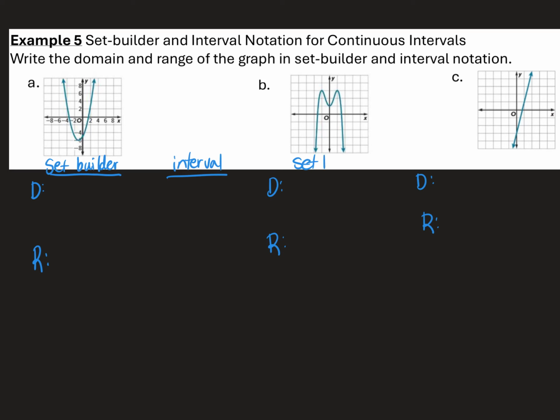Set builder is the one that has the braces. And interval notation is the one that has infinity, negative infinity, parentheses, and brackets.